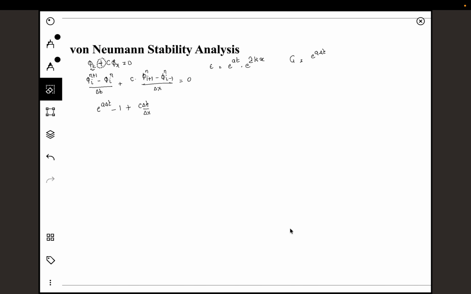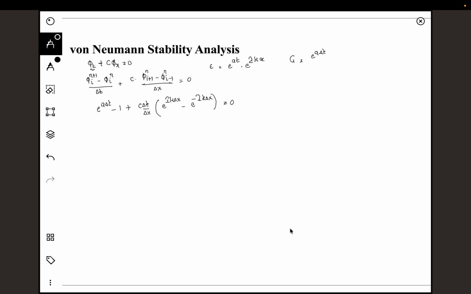Maybe I should have written minus here. It doesn't matter anyways. Then we have n here, so the t gets cancelled, and wherever we have i plus 1, we'll have e power i k delta x, and for i minus 1 we have minus i k delta x.